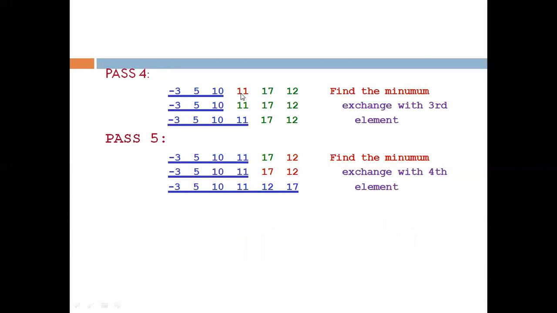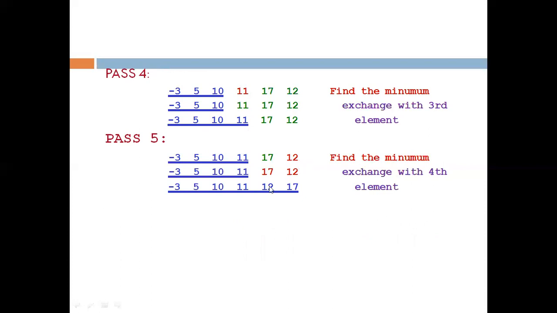Next, from this position to the last, we will find the next minimum. The next minimum is again 11. So 11 is at its appropriate place. Again, in the next pass, from this position, we will find the next minimum. From 17 to the last one, we find the minimum 12.